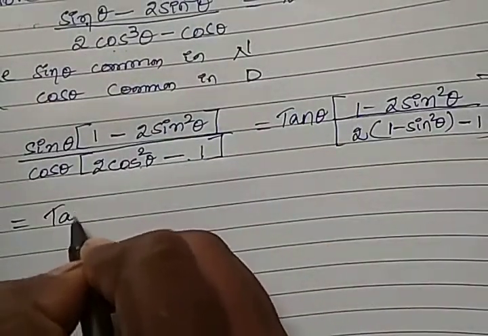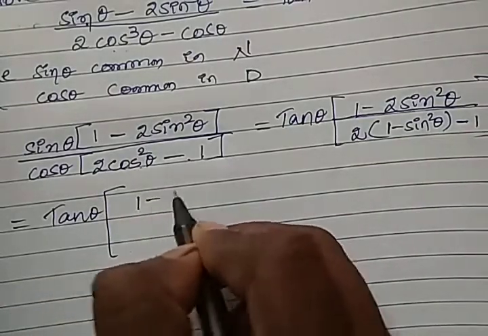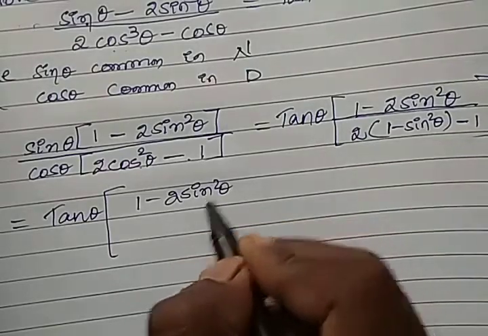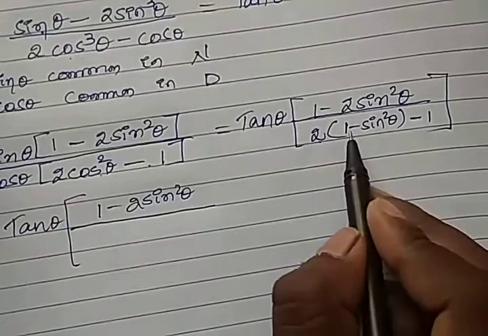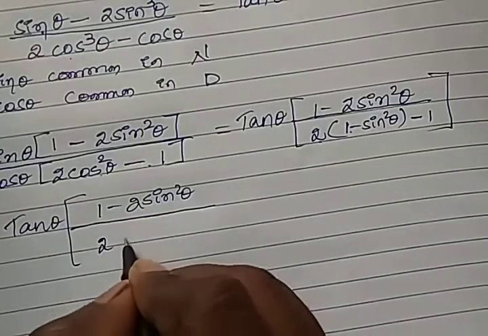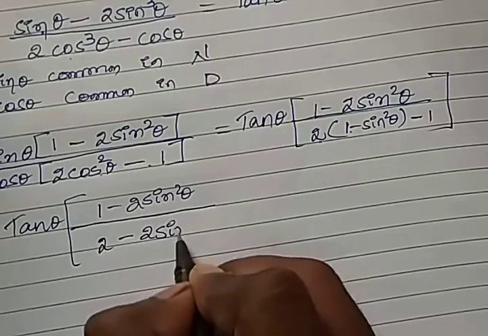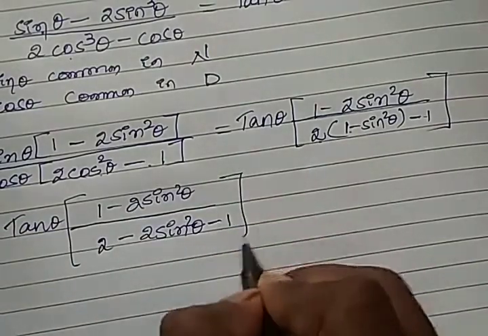Next, this is equal to tan theta into, this tan theta is written as it is, 1 minus 2 sin square theta, whole by 2 into, now multiply with this, 2 into 1 is 2, minus 2 into sin square theta is 2 sin square theta, minus 1, this minus 1 will be as it is.